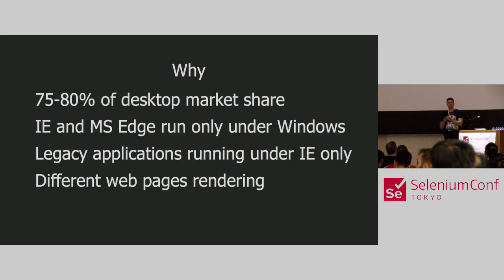Finally, even mainstream browsers like Firefox, Chrome, and Opera can work differently under Windows and under Linux. Windows and Linux have different font sets and anti-aliasing algorithms, and this can lead to a bit different rendering of the same web pages under Linux and under Windows. And front-end developers should certainly take this into consideration.